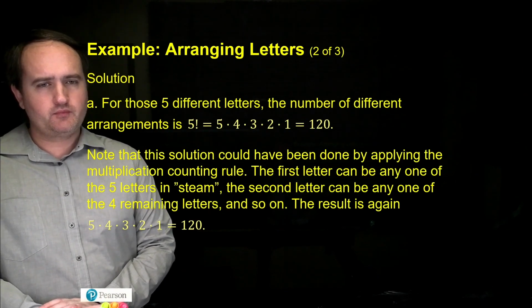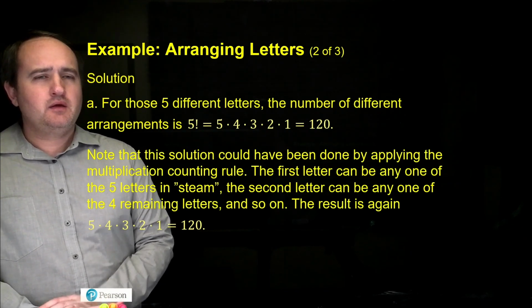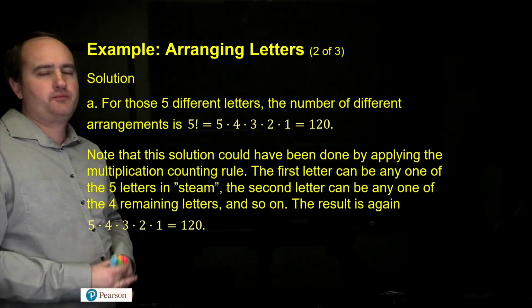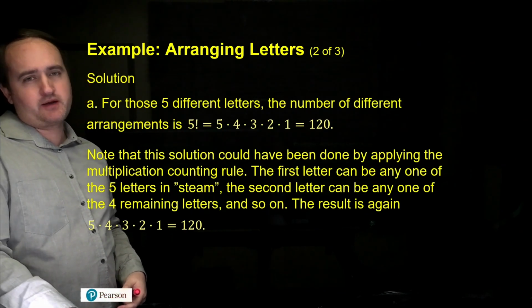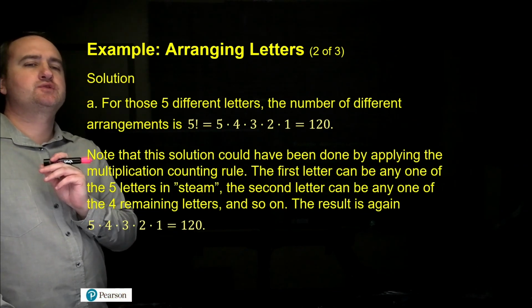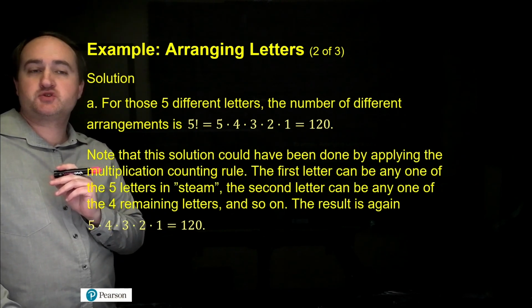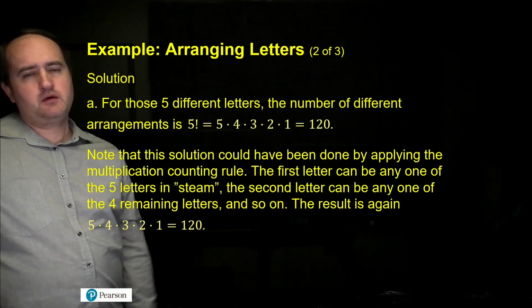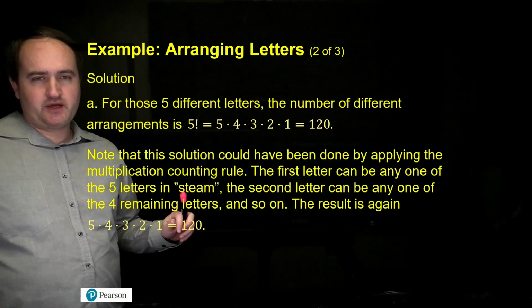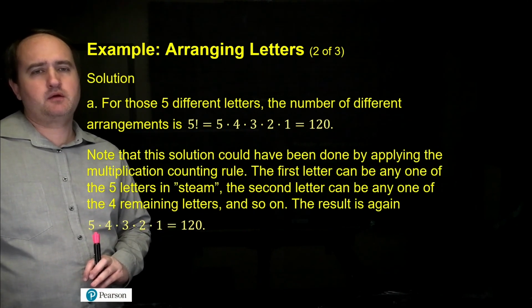All right, and then as they point out in the book, it's the same process that I was talking about with the markers. Note that this solution could have been done by applying the multiplication counting rule. The first letter could be any of the 5 letters, so there were 5 choices for the first letter.